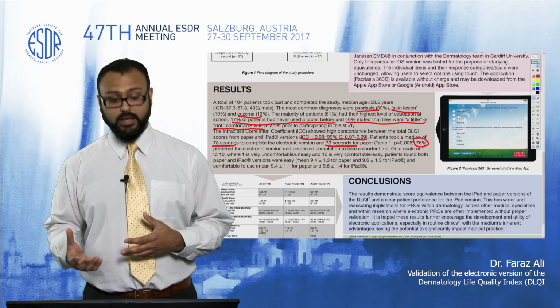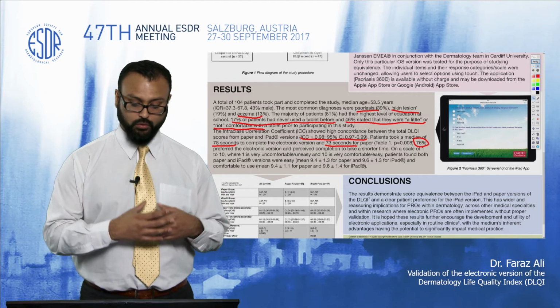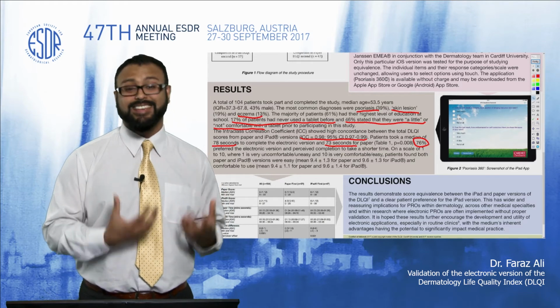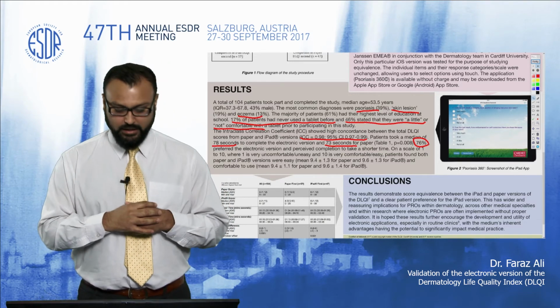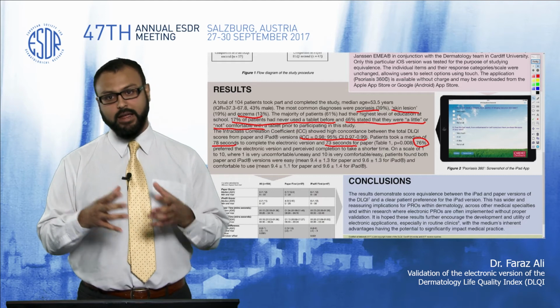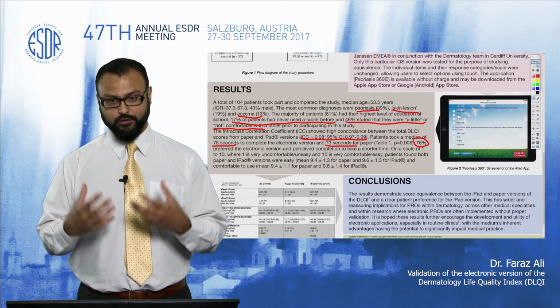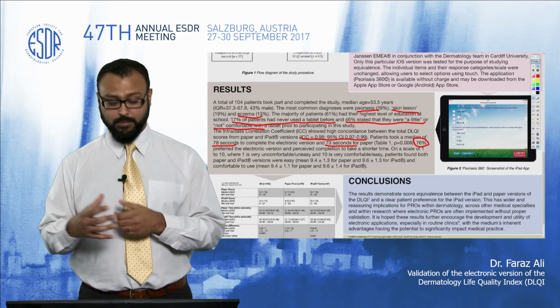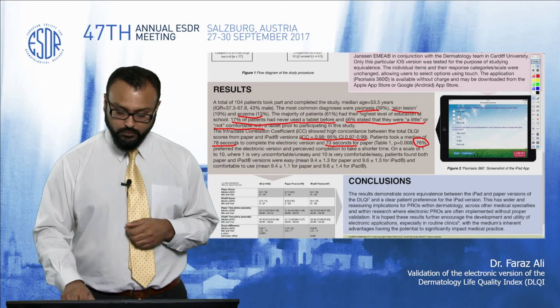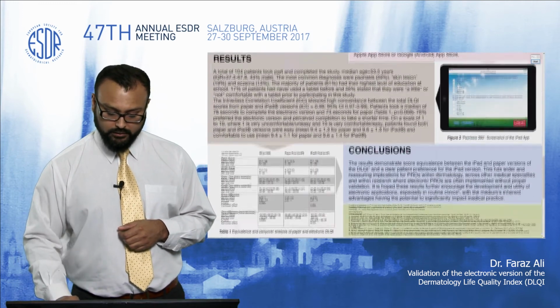On a scale of 1 to 10, where 1 is very uncomfortable or very uneasy, patients found both paper and iPad to be comfortable and easy to use, but they found the iPad more so.